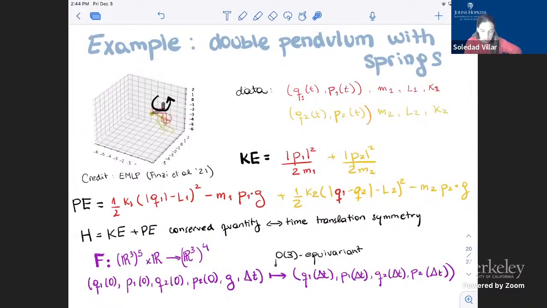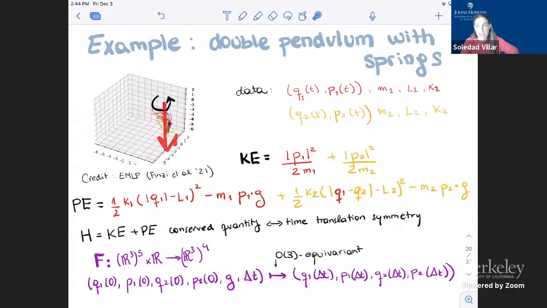So here we have a double pendulum with springs, and the data are going to be positions and momentums of particles. And we know that the system is Hamiltonian, so there's a conserved quantity, which is the kinetic energy plus the potential energy. And we are going to model this system as O3 equivariant. The reason why we can model this system as O3 equivariant is because we put the gravity vector as an input to my learning function.